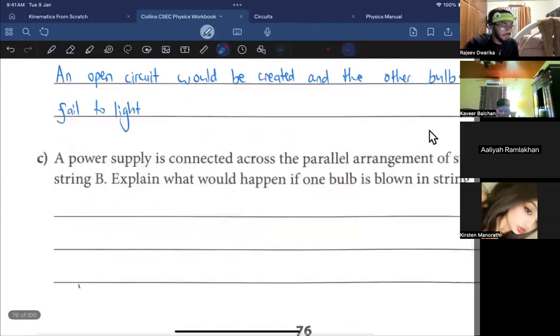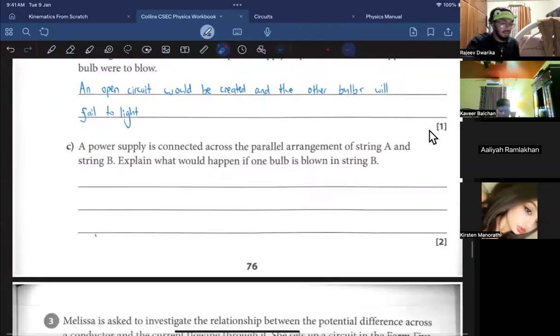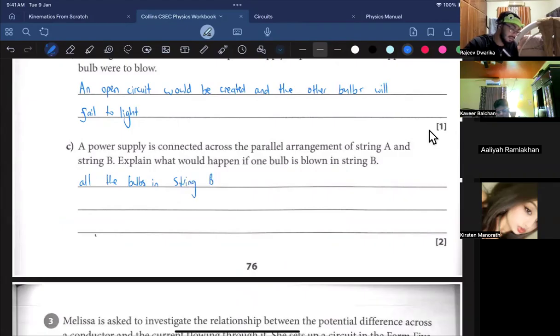So if one bulb in string B blows, then all the bulbs in string B will stop lighting, but all the bulbs in string A will continue working.